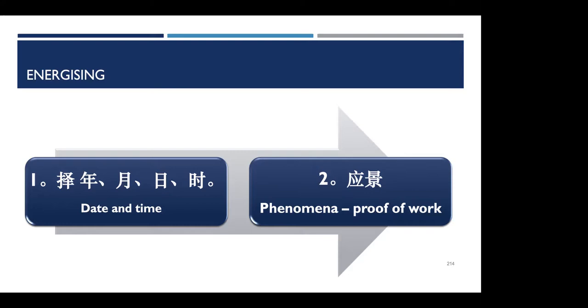Two is upon energizing or after energizing, you must be able to see the phenomena, the proof of work. If you have done the job correctly from A to Z, the phenomena should come. But if you have done it wrong, then of course the phenomena will not come.